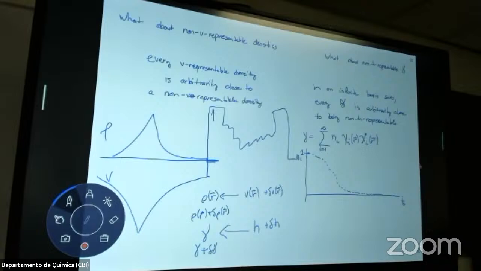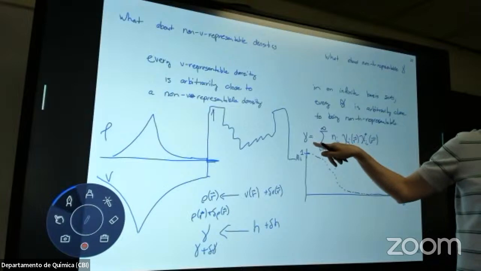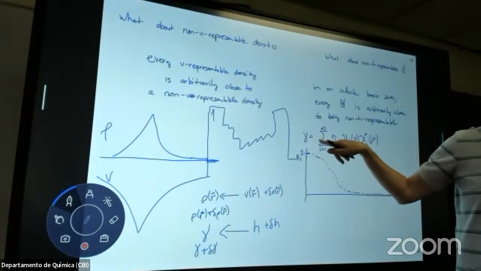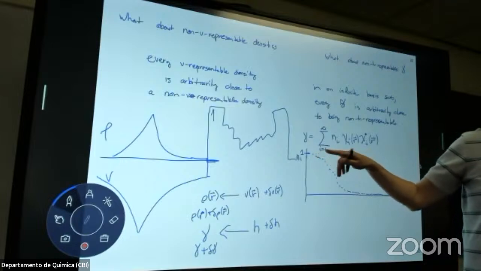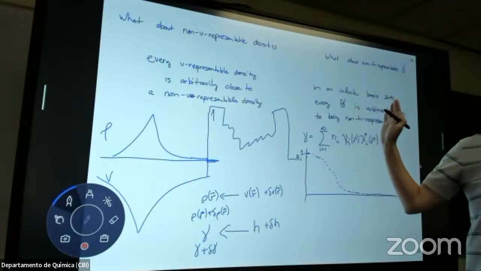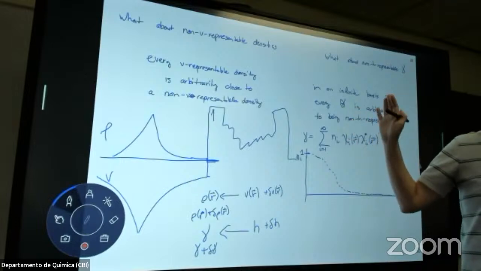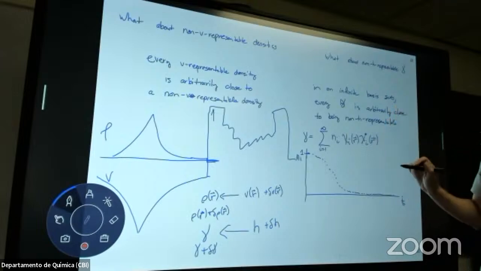There's lots and lots of mixed states, which I guess shouldn't be surprising, right? Because the set of pure state representable density matrices is much smaller than the set of ensemble density matrices, right? So the structure is very similar to DFT. If you know DFT, you know density matrix functional theory. There are a few little nuances that go along the way, right?